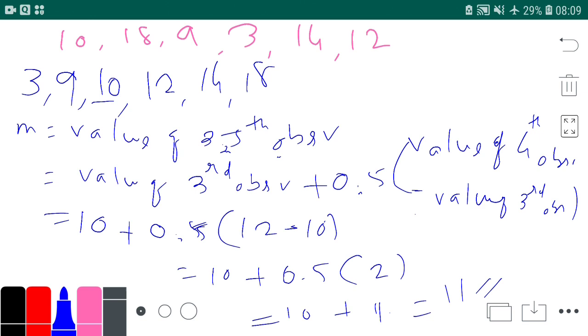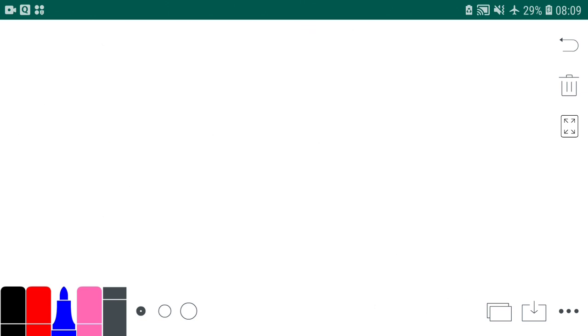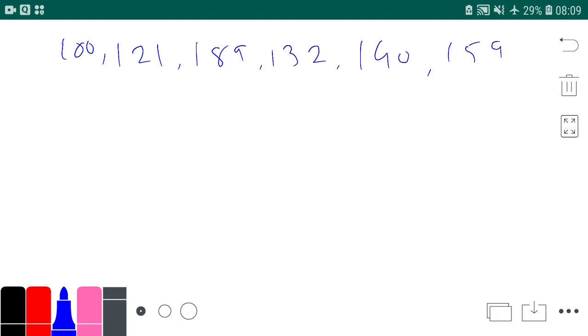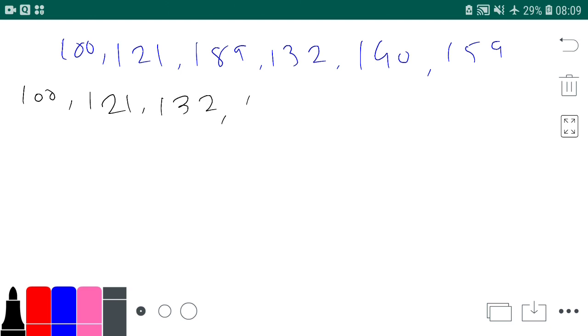Okay, let's take one more example of 6 digits. Let's make the digits bigger this time. First of all, what do you need to do? You need to arrange everything. So it's 100, 121, 132, 140, 159, and 189.